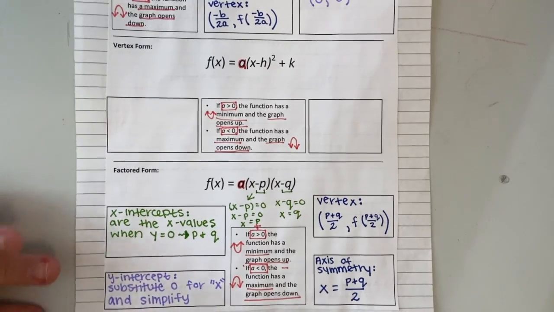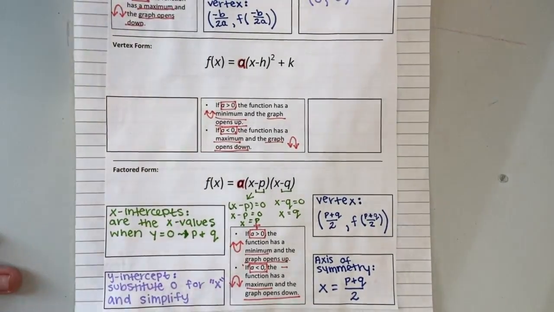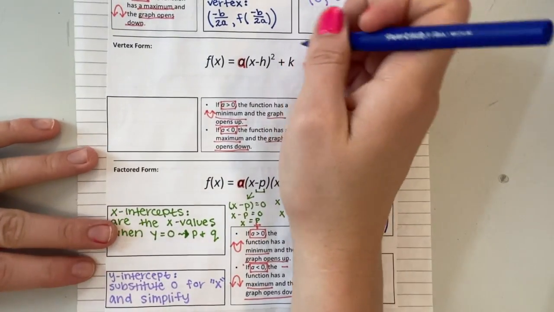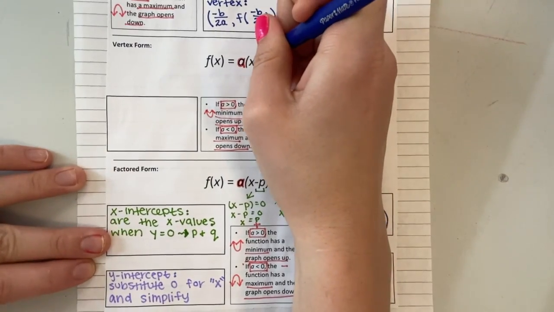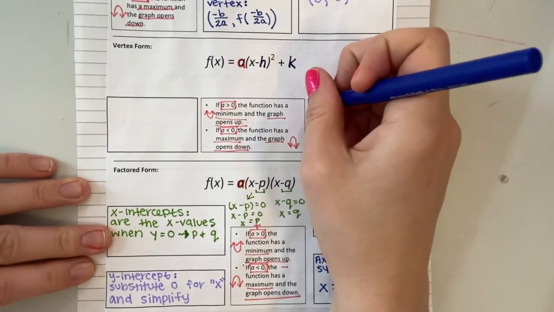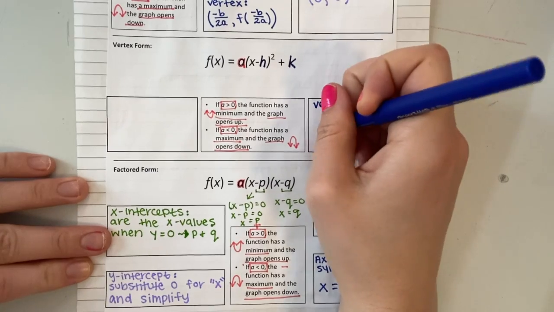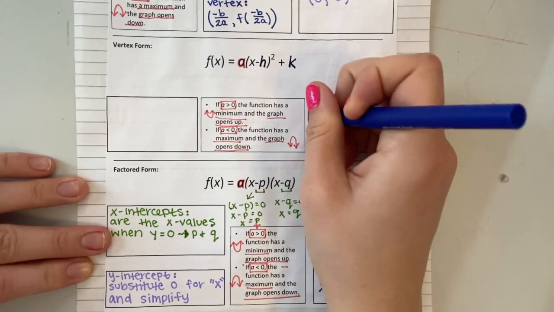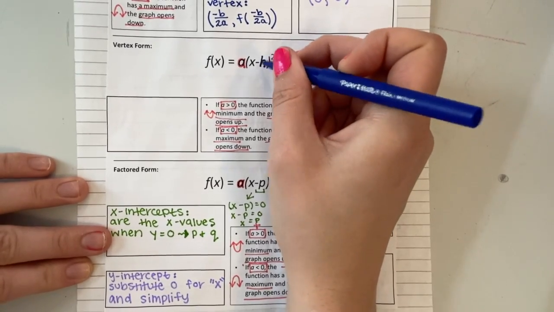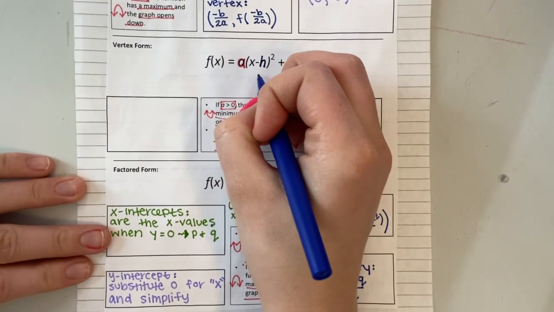But I also know, given this, that my vertex is actually just directly given to me in the equation. So my vertex is just (h, k). So notice that this is a minus sign here, so you're going to take whatever the opposite of the h is. So pretend this is x minus 2.